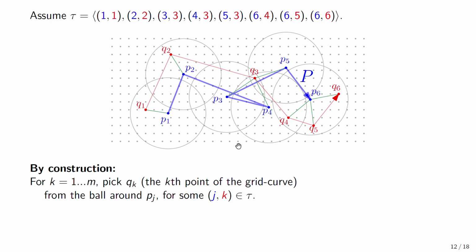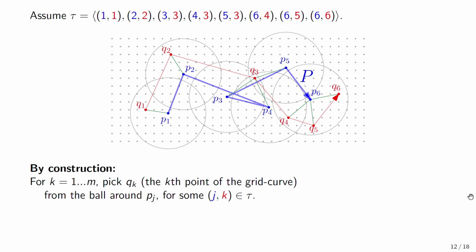So the counting is constructive. For each k from 1 to m, we pick q_k, which is the kth point of the grid curve, from the ball of p_j for some pair j_k in the alignment tau.